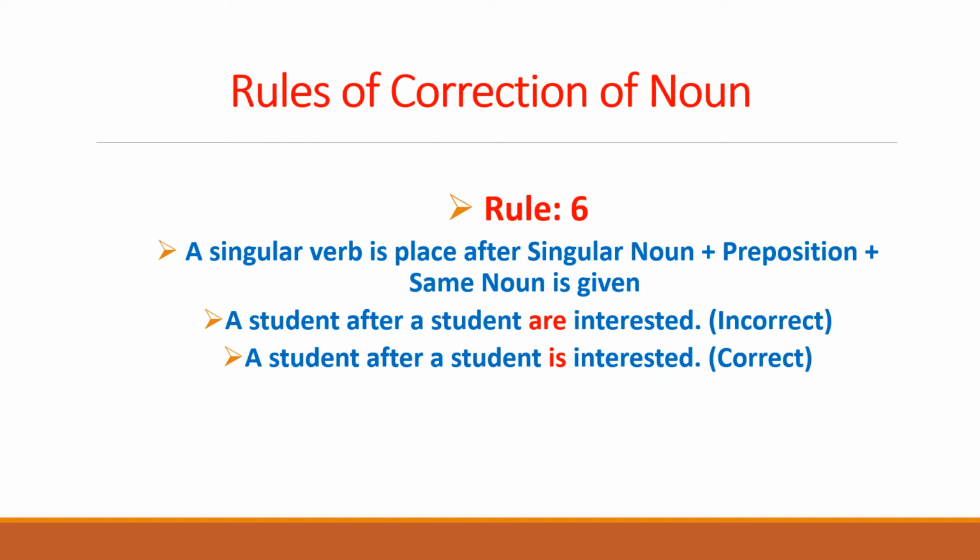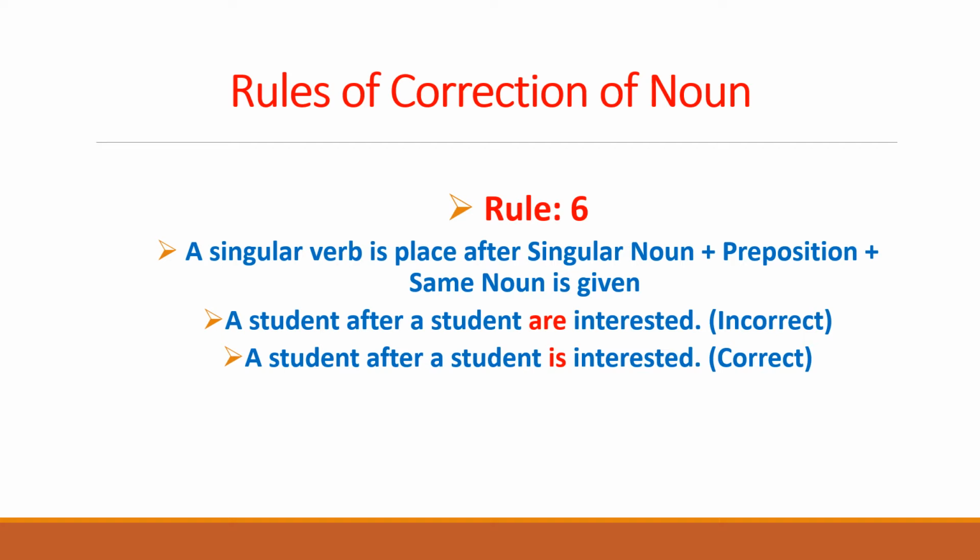You see that there is a man, then there is the preposition after, and after that again a man. So this construction is noun, then preposition, then again the same noun. If we find this sort of structure, we use a singular verb in such conditions.